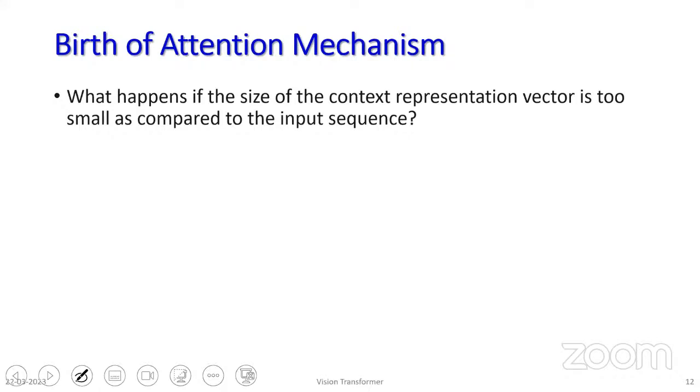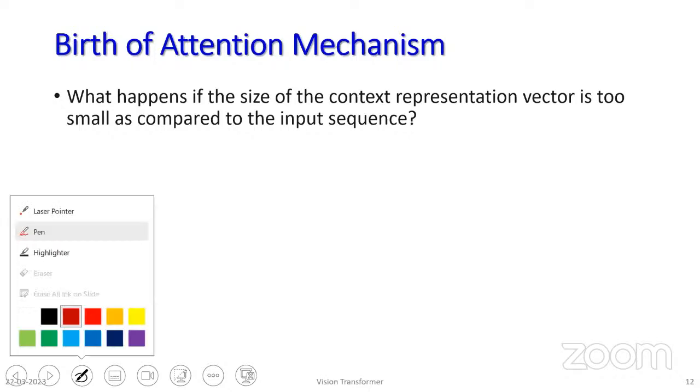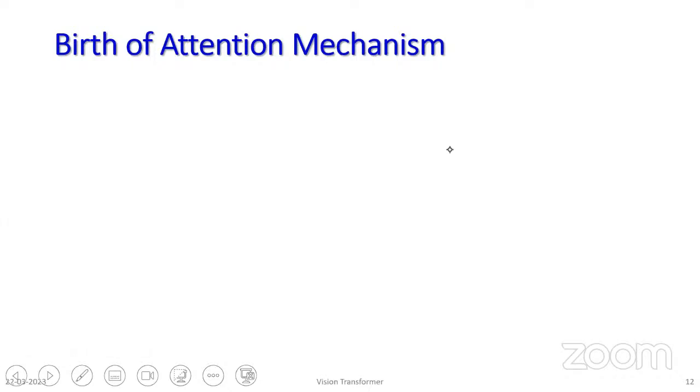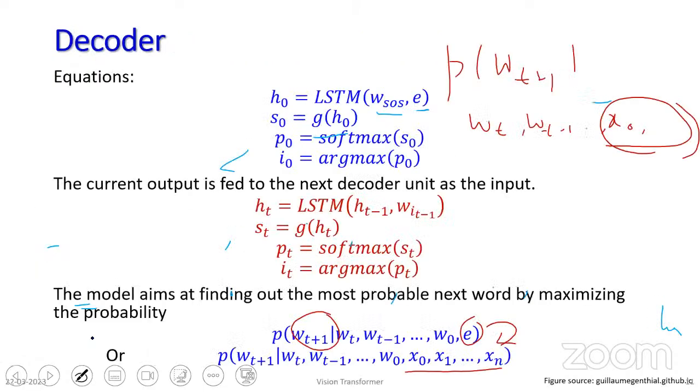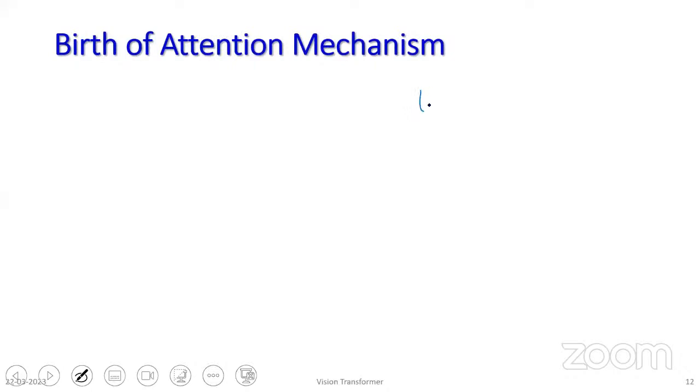The bear could not cross the road because it was too wide. This is an example that the people who introduced the concept of the transformer gave. So what is the attention here? It was tired, right? Let me write: it was tired.